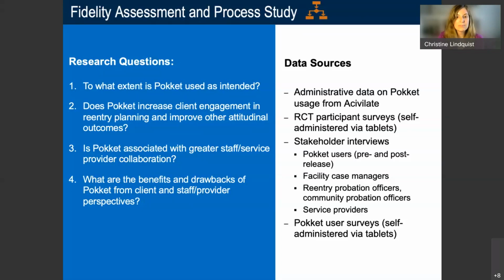We're doing in-depth stakeholder interviews, ideally through in-person site visits, where we will get perspectives from Pocket users, both pre and post-release, as well as the other staff and service providers listed here. And then we're also fielding 2 very brief satisfaction surveys to individuals in the treatment group. Again, we're able to do this through the APDS tablets.